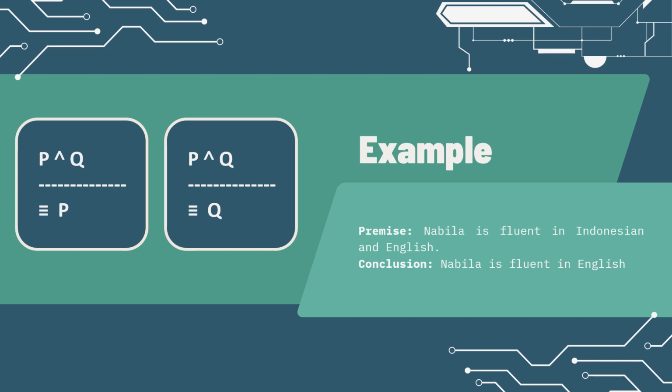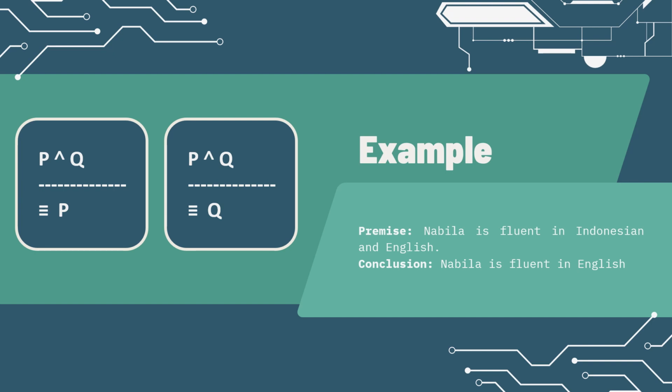This is because the conjunction and requires that both propositions be true for the entire conjunction to be true. Therefore, if we know that the conjunction is true, then we can be sure that each of its individual conjuncts must also be true.